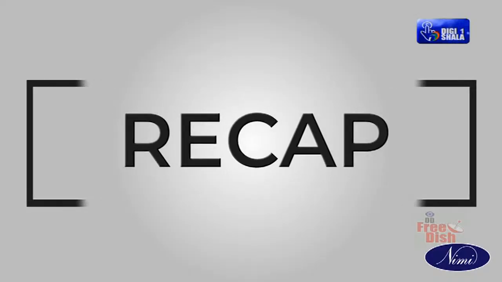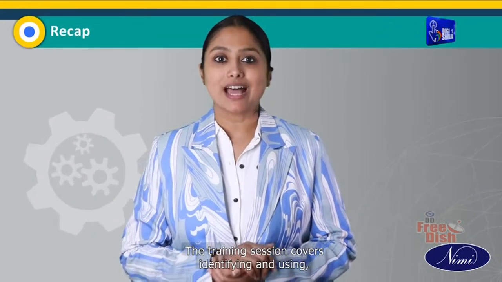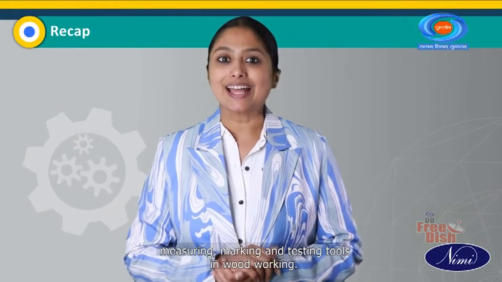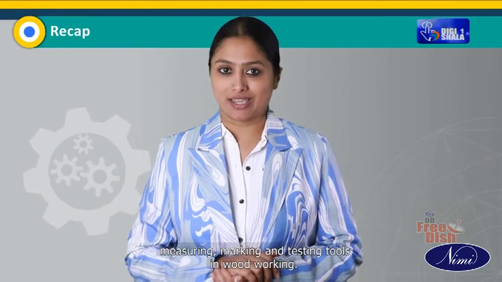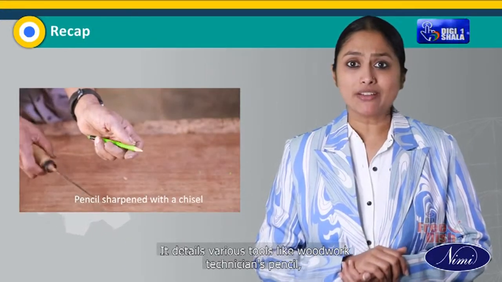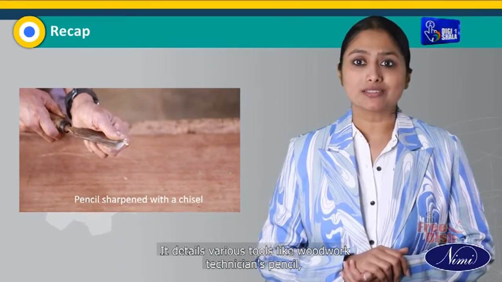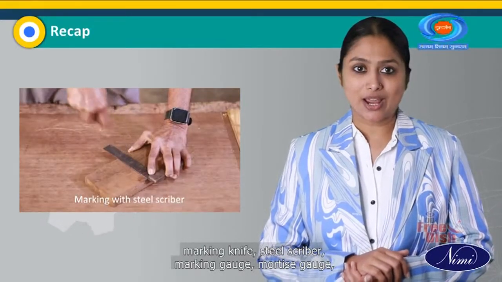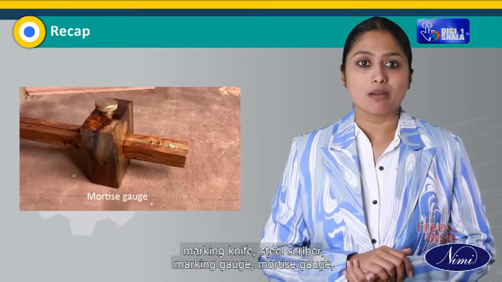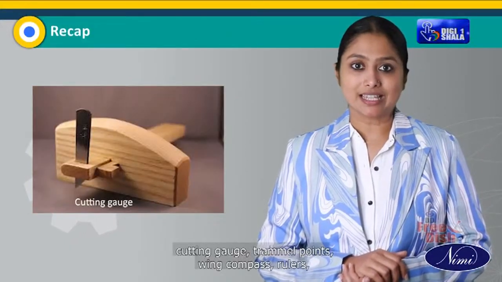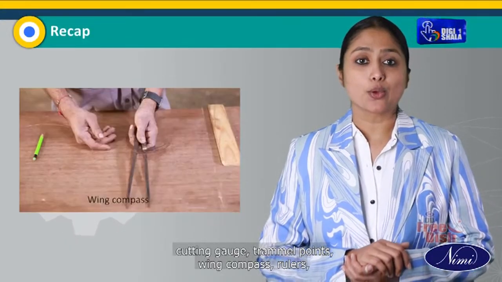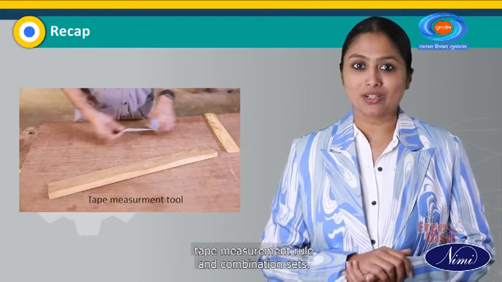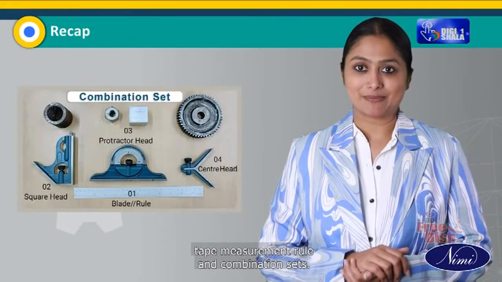Recap. The training session covers identifying and using measuring, marking and testing tools in woodworking. It details various tools like woodwork technician's pencil, marking knife, steel scriber, marking gauge, mortise gauge, cutting gauge, trammel points, wing compass, rulers, tape measurement rule and combination sets.